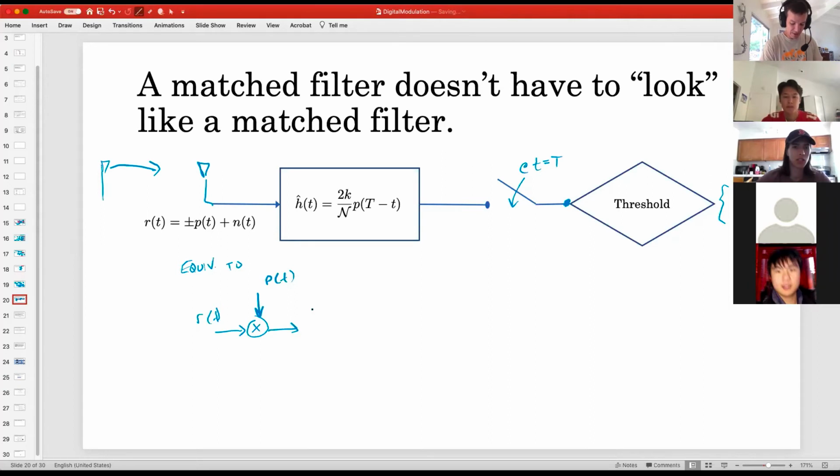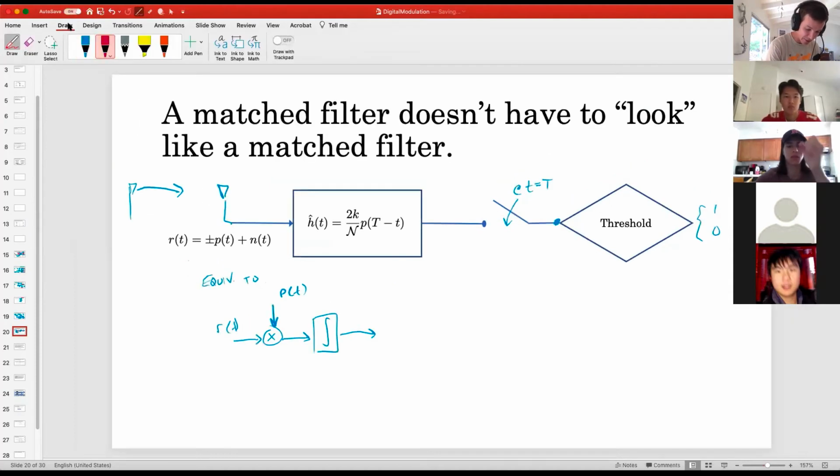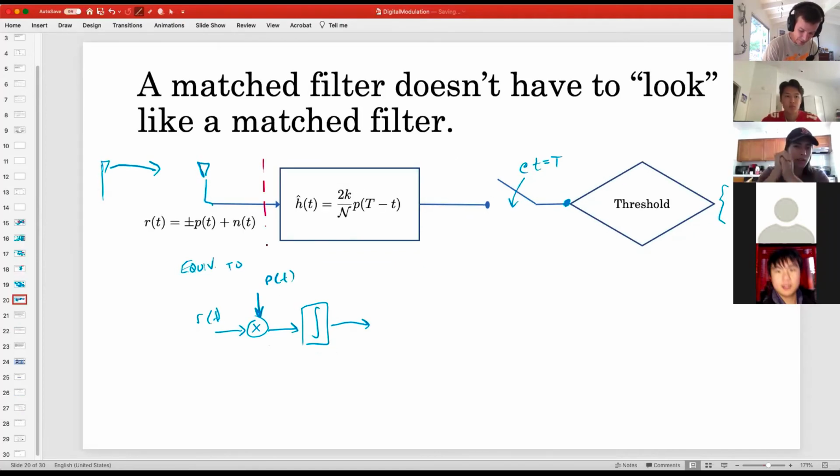And then the key here is integrate. My claim, and I'll show you why this is true, is that the dashed box here is equivalent to the dashed box here.